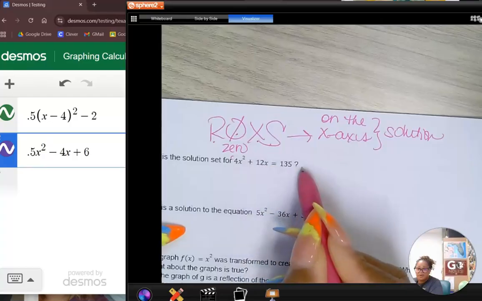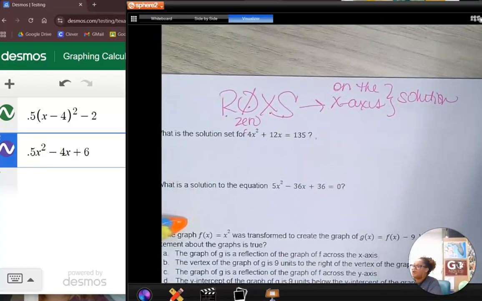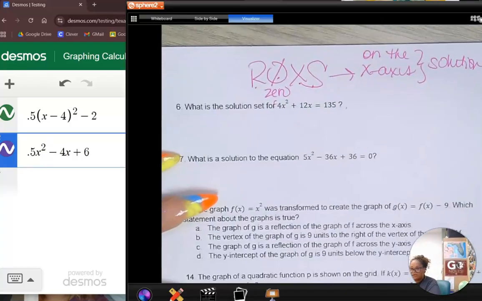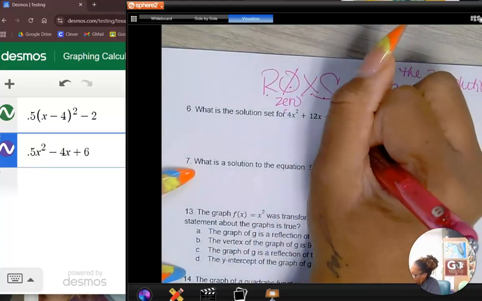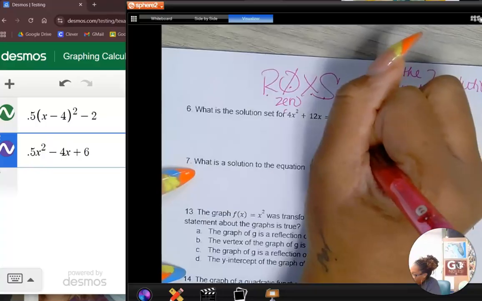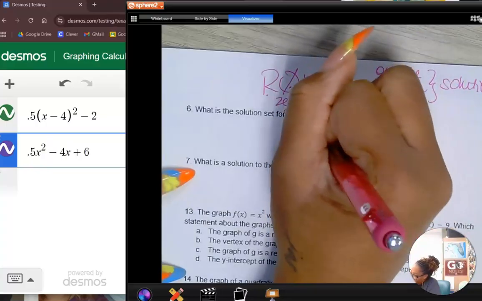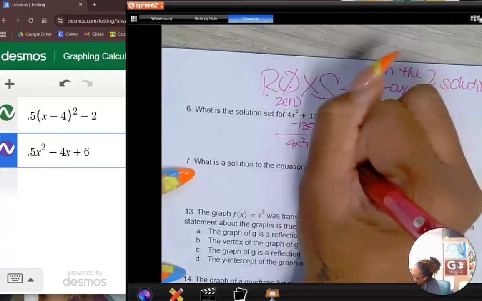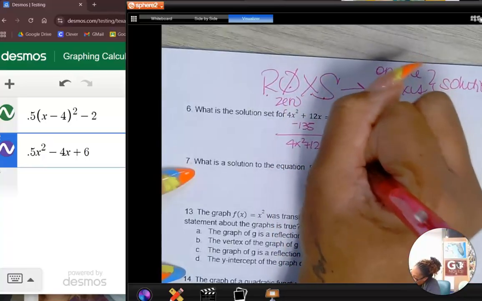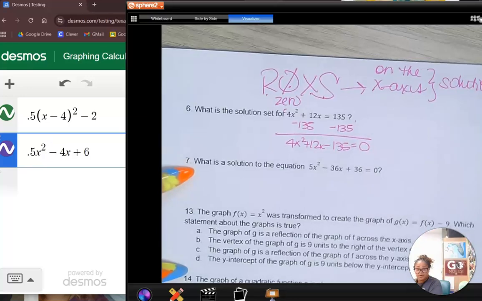Do I have a 0 here? Does this equal 0? No, so I have to make it equal 0. In order for me to do that, I've got to take 135 from both sides. 4x squared plus 12x minus 135 equals 0.